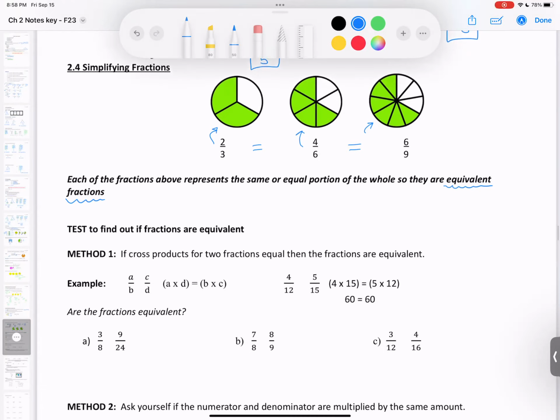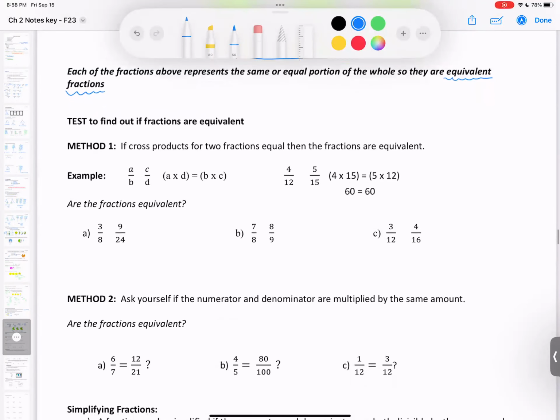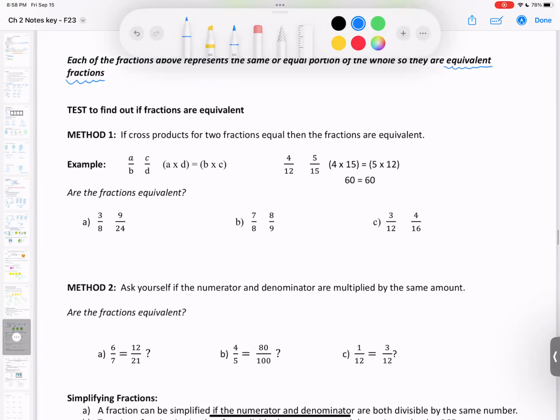Because if you end up with something like 6/9, the best way to state that fraction is in its most simplified form, which would be 2/3. So let's start by thinking more about equivalent fractions and how to test if something is equivalent.